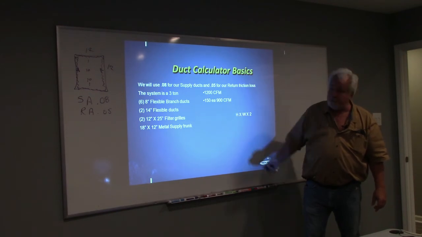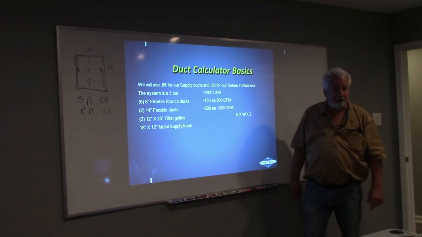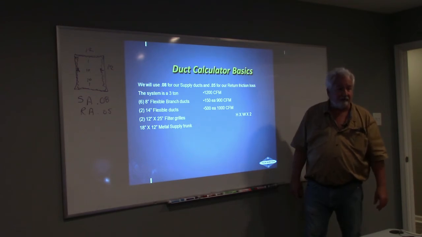So now you have a 2-ton unit. Yeah. So let's do that 14-inch. Go 14-inch round, and again, this is flexible. 14-inch round, flexible duct. It's a return, so it's going to be 0.05. Good. What am I moving there? 510. 525.